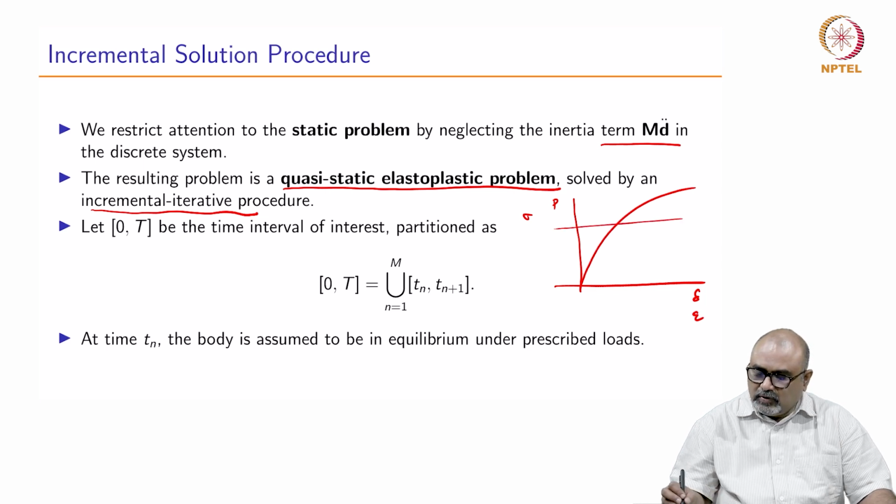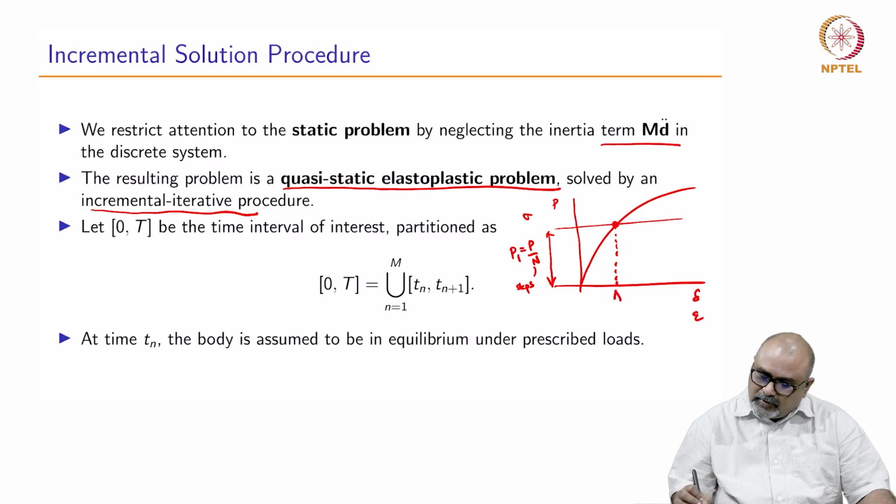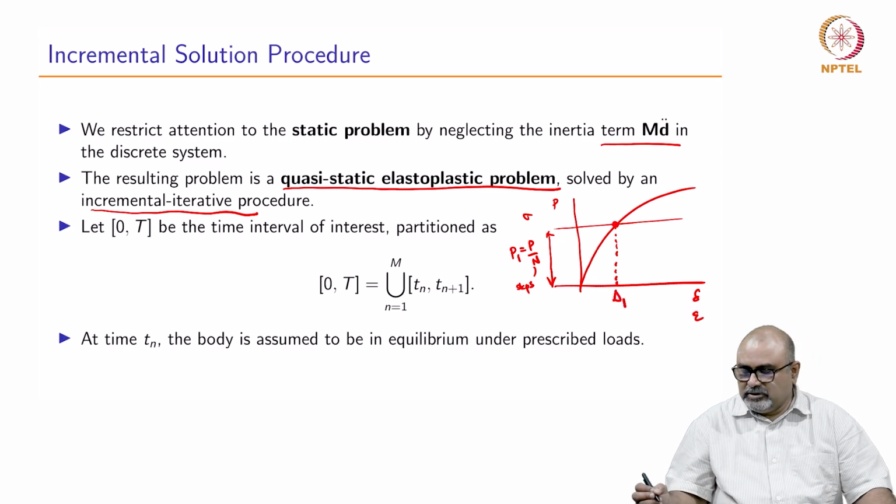We are going to follow an incremental procedure where we are going to divide this into a number of steps, where P1 is equal to P divided by N, where N is the number of steps into which the load is divided, and we want to achieve an equilibrium solution that is corresponding to P1, which is delta 1. So, this is the increment that we have.